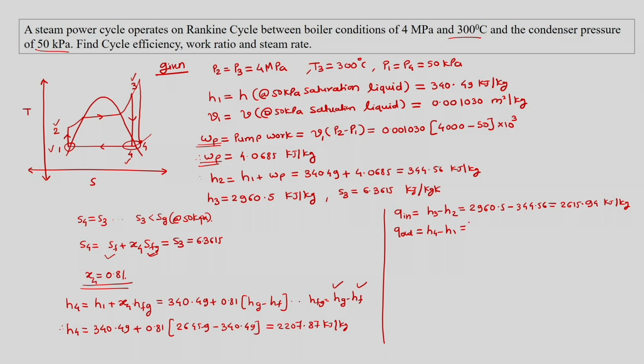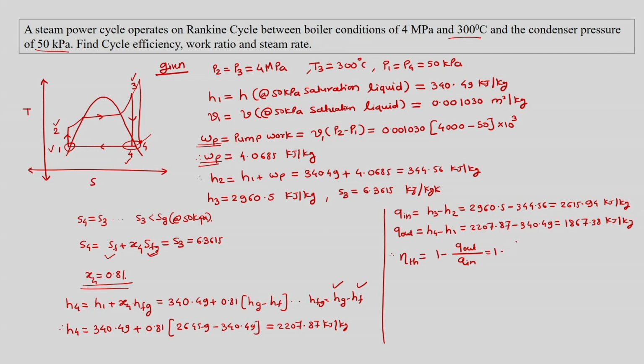H4 is known to us, 2207.87, minus H1, which is 340.49, and this gives us Q out as 1867.38 kilojoule per kg. So we can find out the thermal efficiency of the cycle as 1 minus Q out upon Q in.